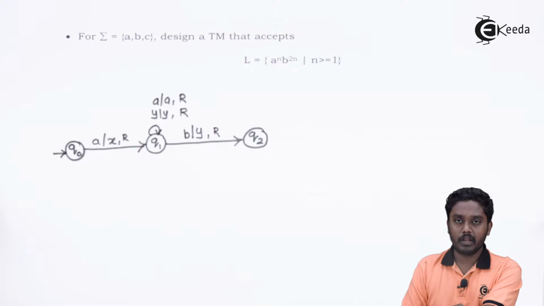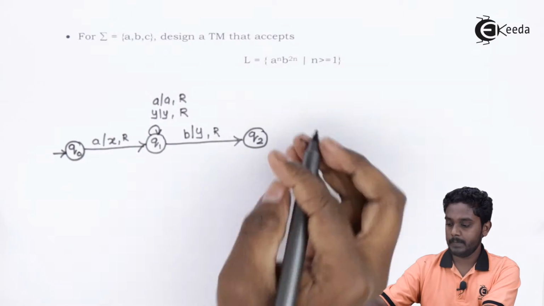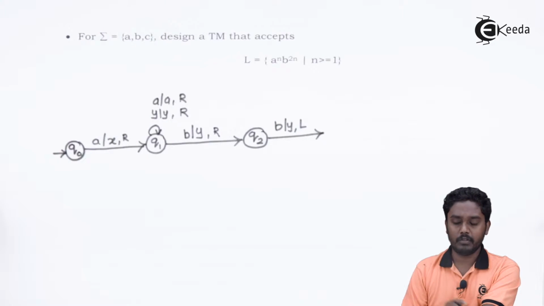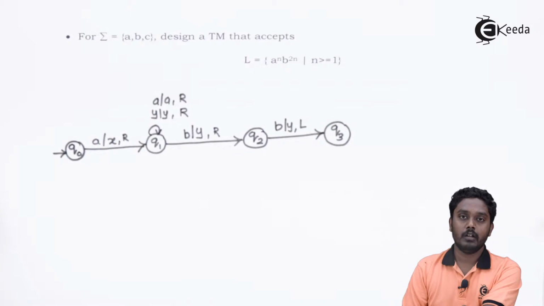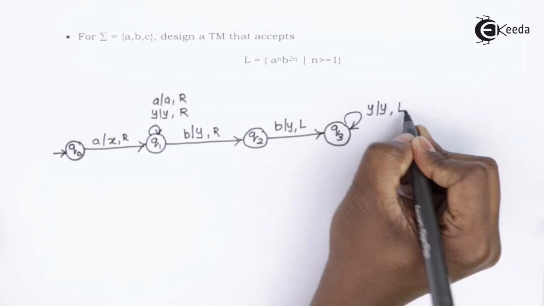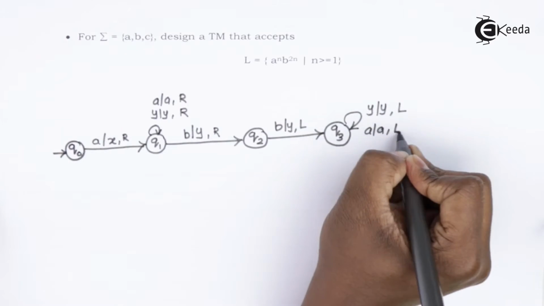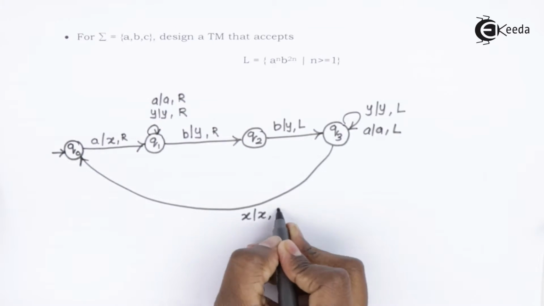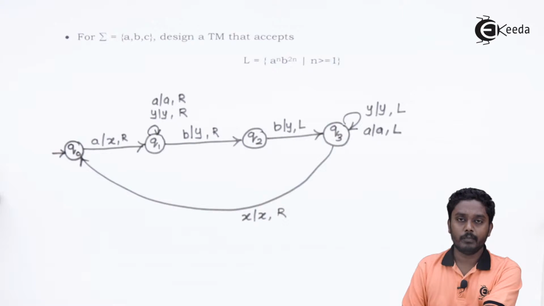From Q2, we will take one more B. After that, we'll go to the left portion. From Q3, we will skip all the remaining symbols till we reach the left, that means the rightmost X. Now from Q0, if we reach straight away a Y after the X, we can go to the final state.